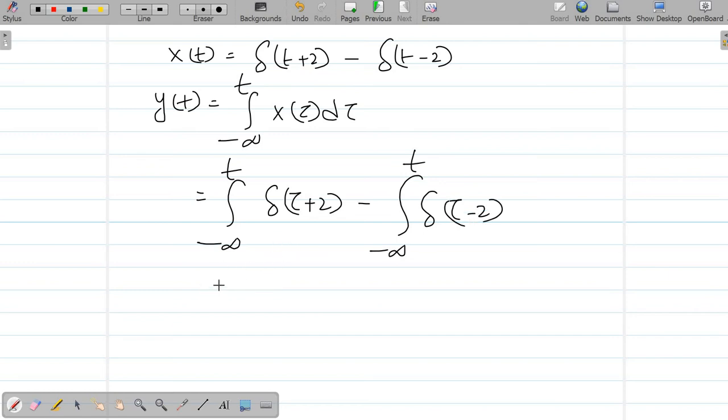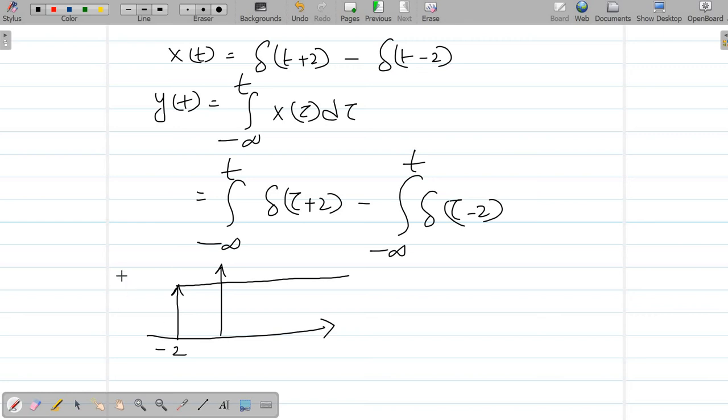Now this one is nothing but an impulse at -2. When I integrate an impulse which is present at -2, I end up getting a function like this.